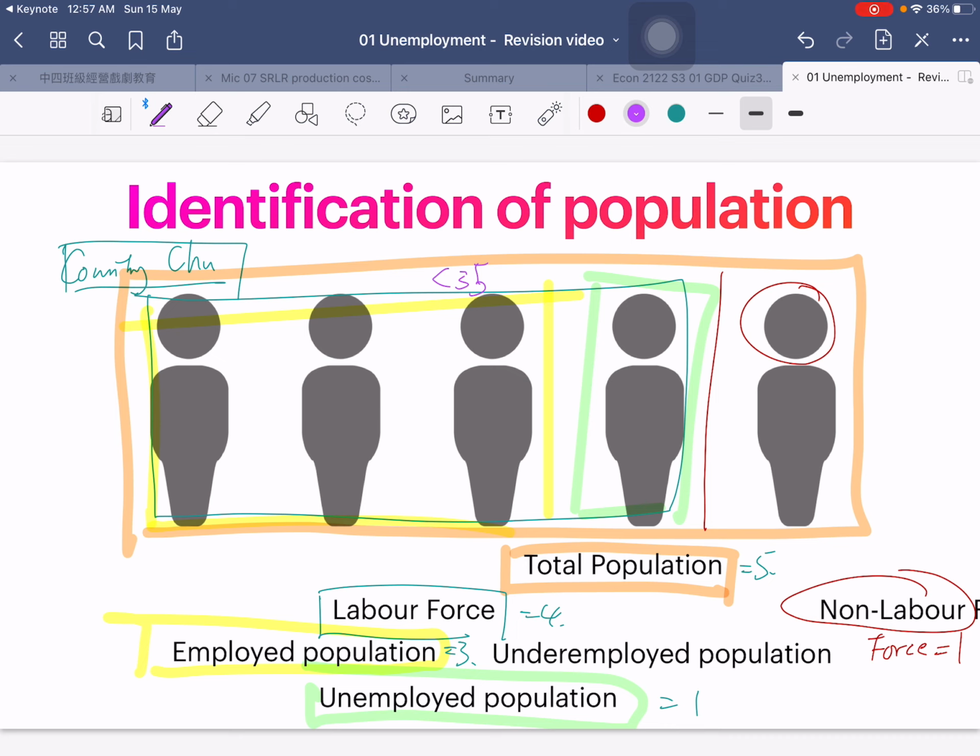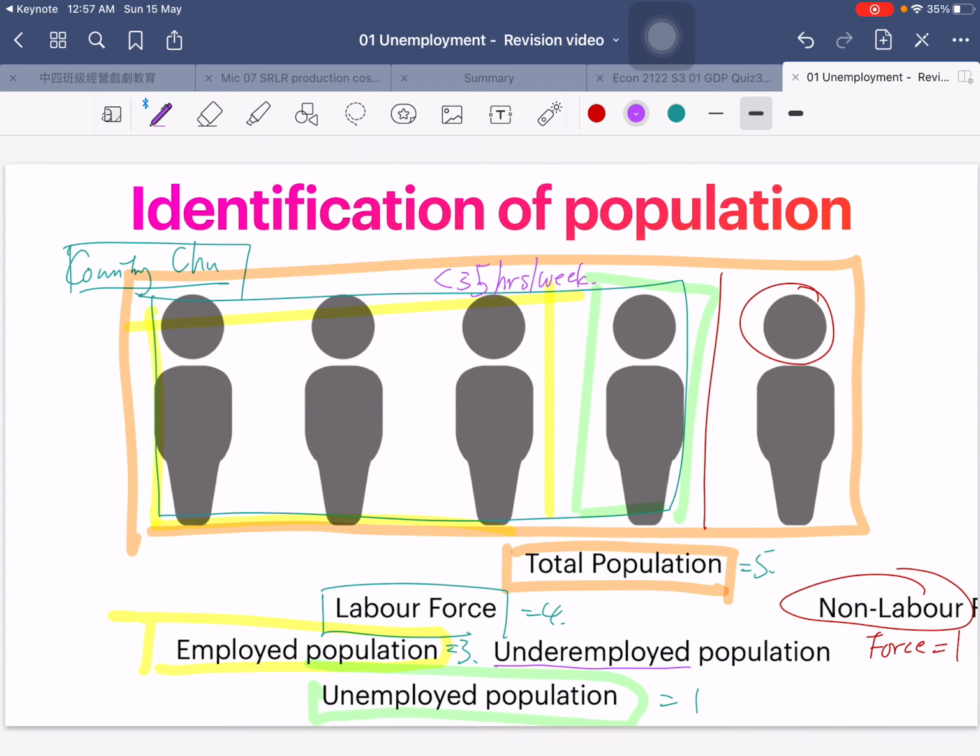They just work less than 35 hours per week. That means they want to work more, but cannot find an employer to hire them for more than 35 hours. In this case, we call that underemployed.